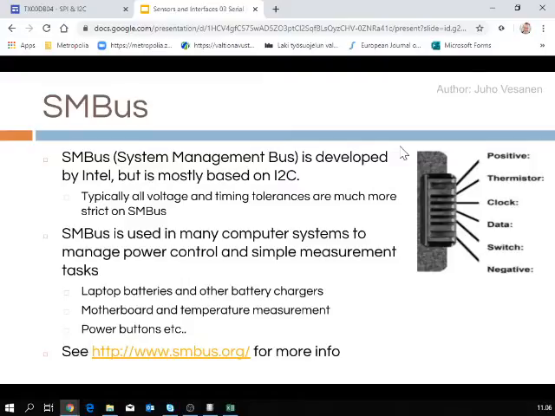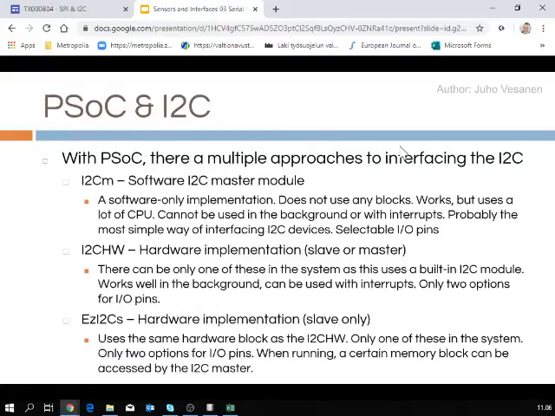It's based on the I2C bus, but it's extended somehow, so it's basically an Intel trademark on SM bus.